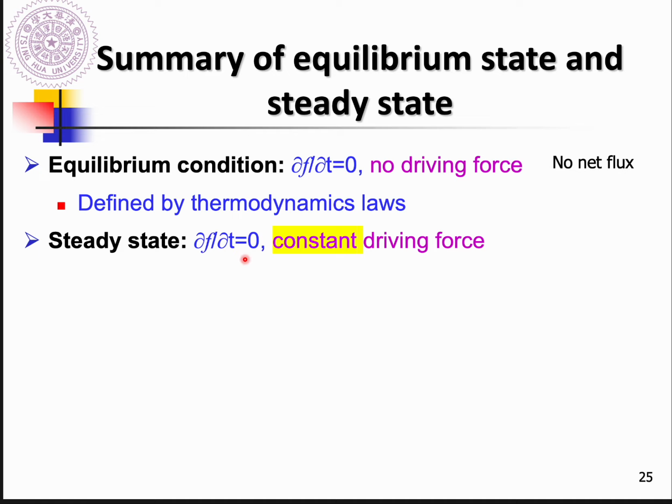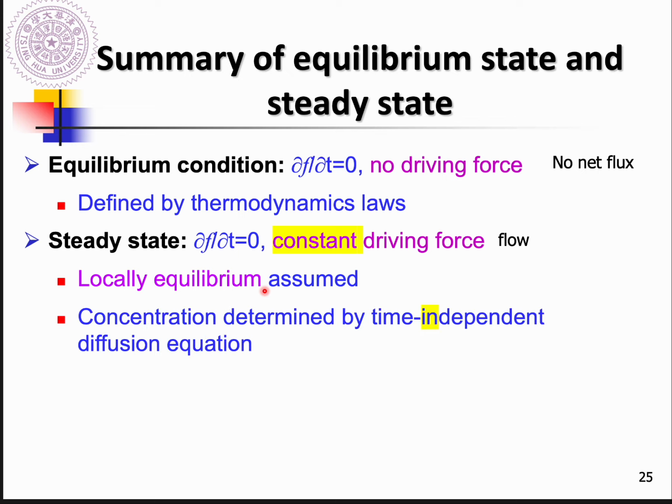In the steady state, the state functions also do not change with time, but there is definitely a constant driving force applied on the system. So this will result in a flow process. And in order to solve this, we assume local equilibrium conditions, so that this allows us to use all the state functions or equations we derive from thermodynamics.